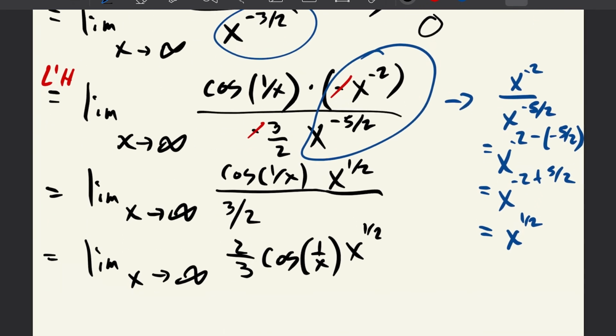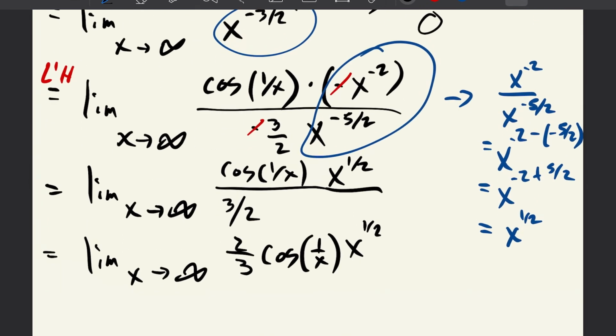Okay, so now let's try to take the limit, right? Let's see what happens. Okay, so if we try to take the limit, the 2 over 3 is going to hang out there. So if we look at cosine of 1 over x, well, 1 over x, as x goes to infinity, is going to go to 0. So we're going to be looking at cosine of 0. Right, so this is the same as 2 thirds cosine of 0.